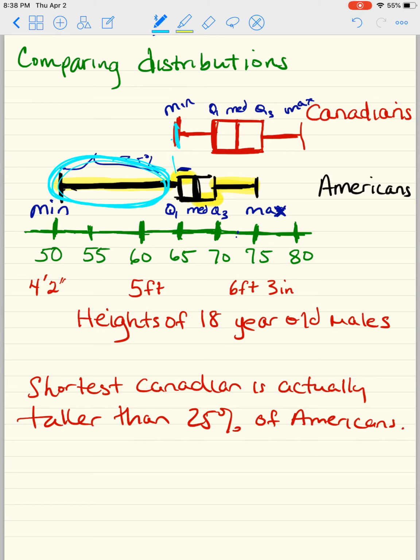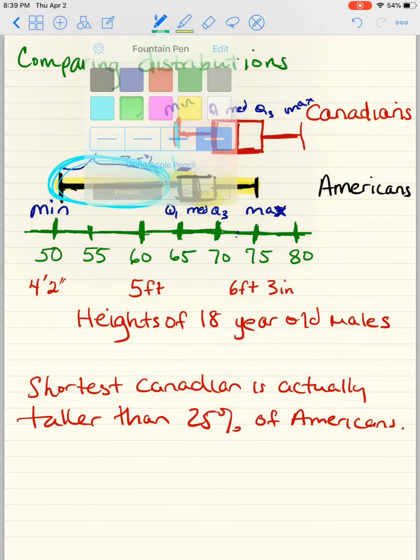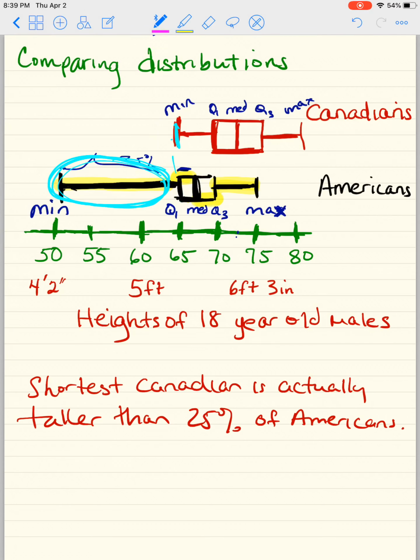What else do you guys notice? We also see that 25% of Canadians are taller than 75% of Americans. Well, let me show you. Pick a different color. This is the 25%. This is the first quartile.